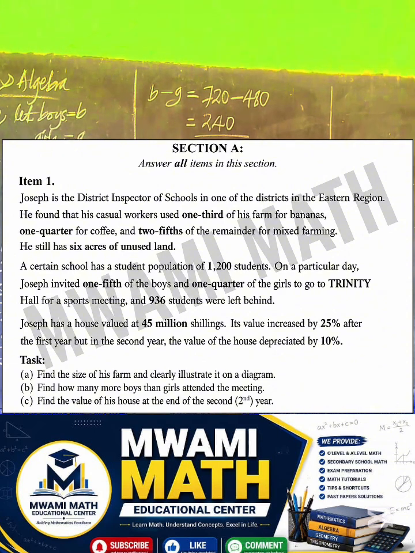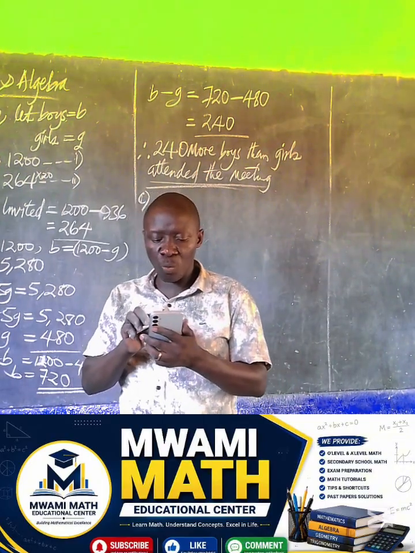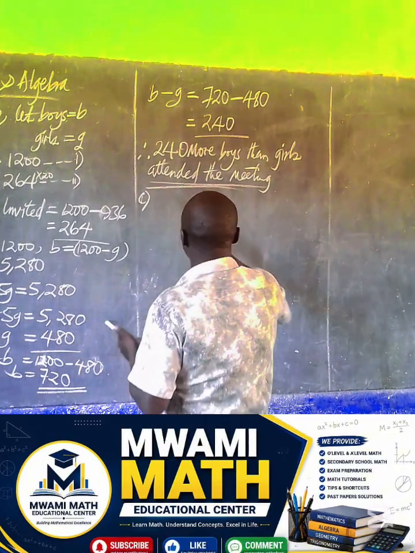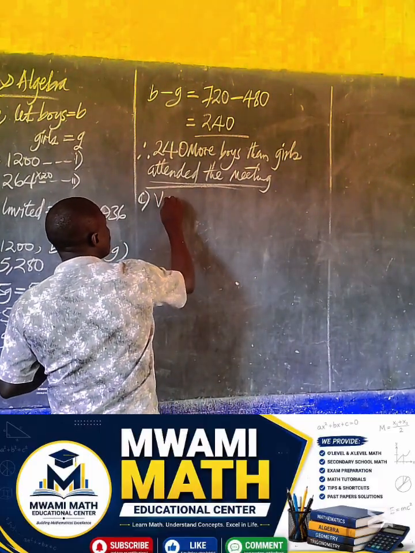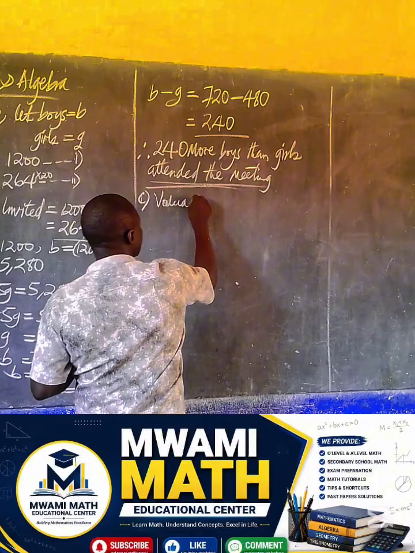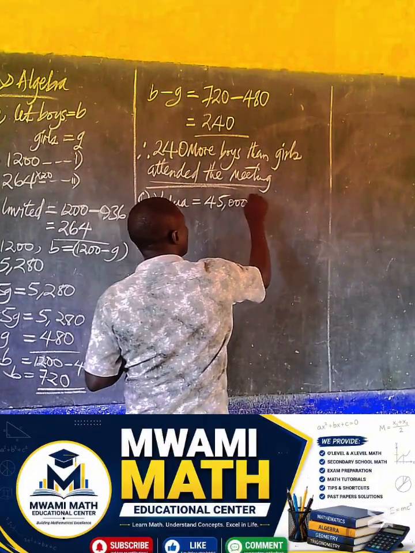Part C says, find the value of his house at the end of the second year.